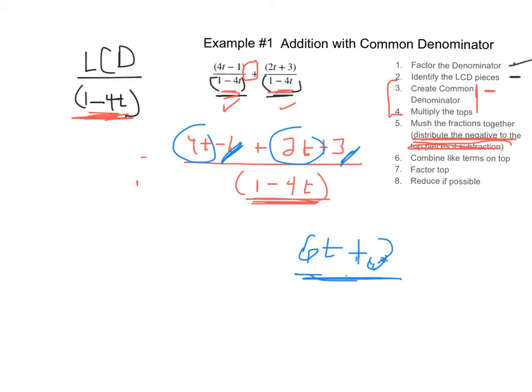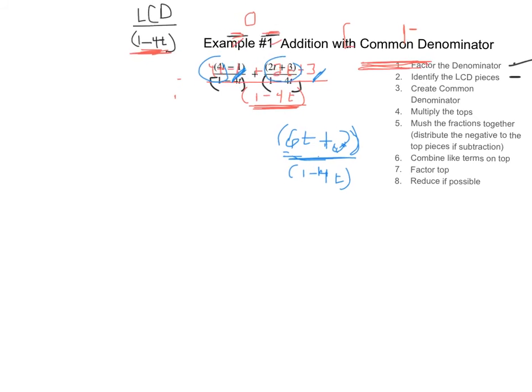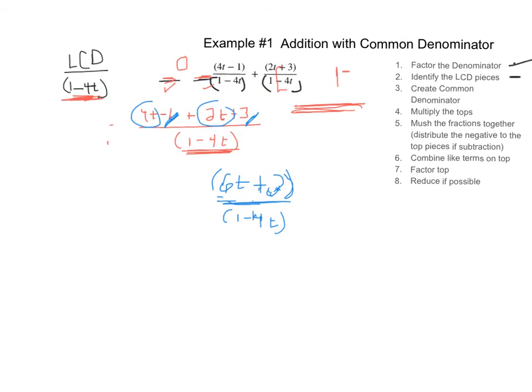Over our denominator of 1 minus 4t. Now again, I'm also going to put this in parentheses because frankly, it is held with a plus or minus. Okay, so I'm going to shrink this, kind of move it up a little bit here. I'll move it over here.